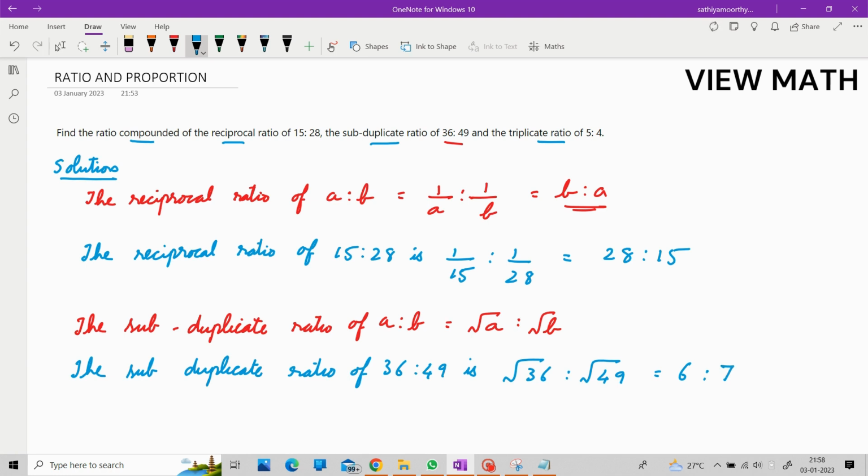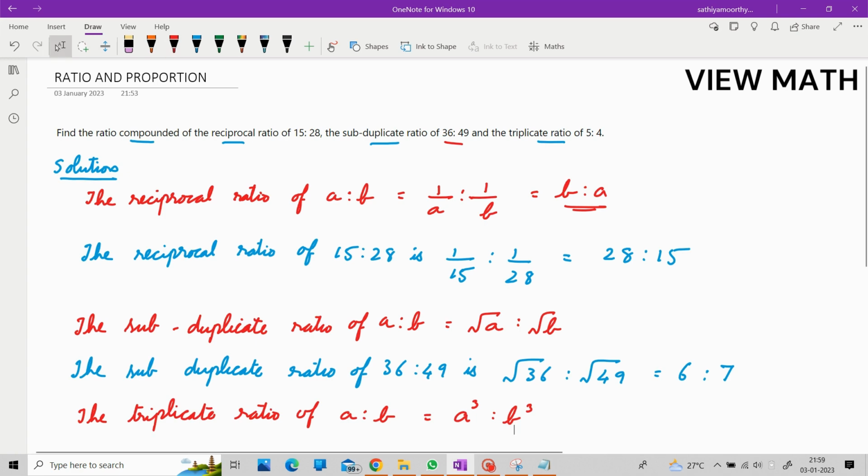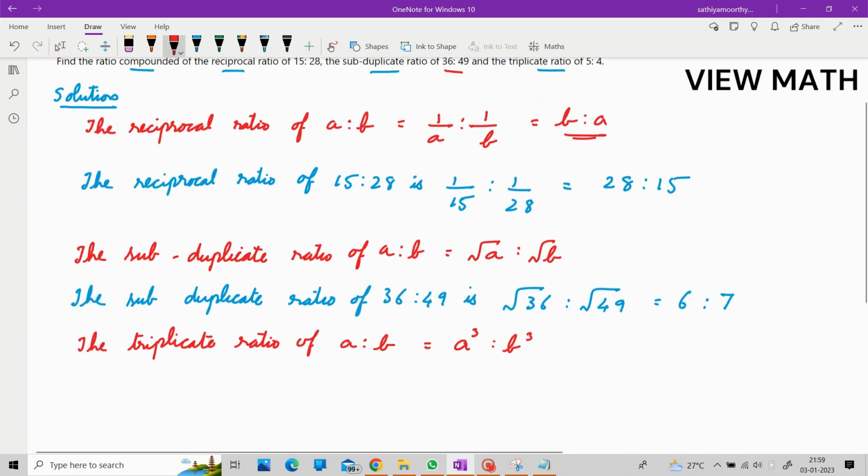Next, I have to find out the triplicate ratio of 5 is to 4. The triplicate ratio of A is to B is equal to A cube is to B cube. So I'm going to find out the triplicate ratio of 5 is to 4.